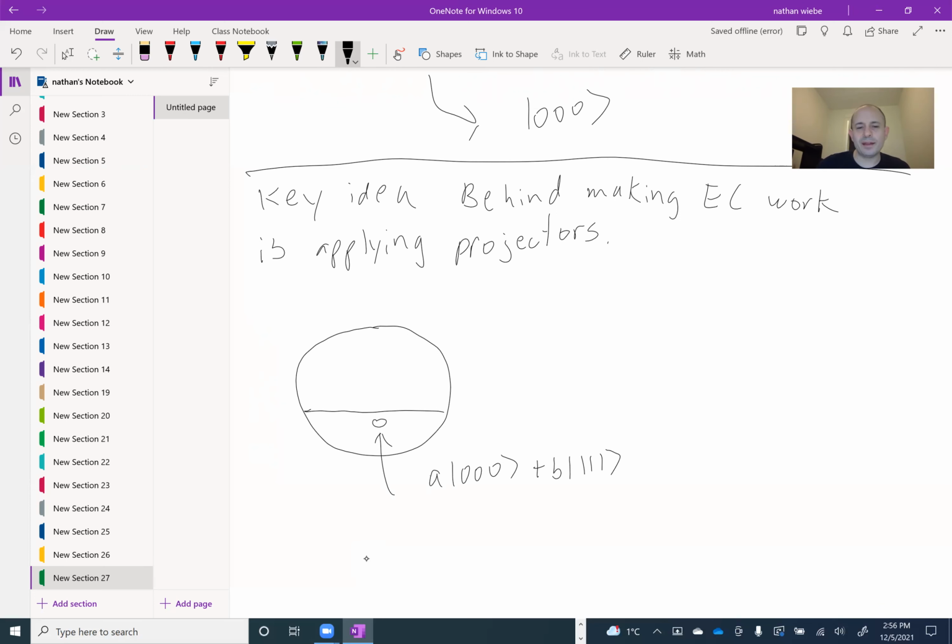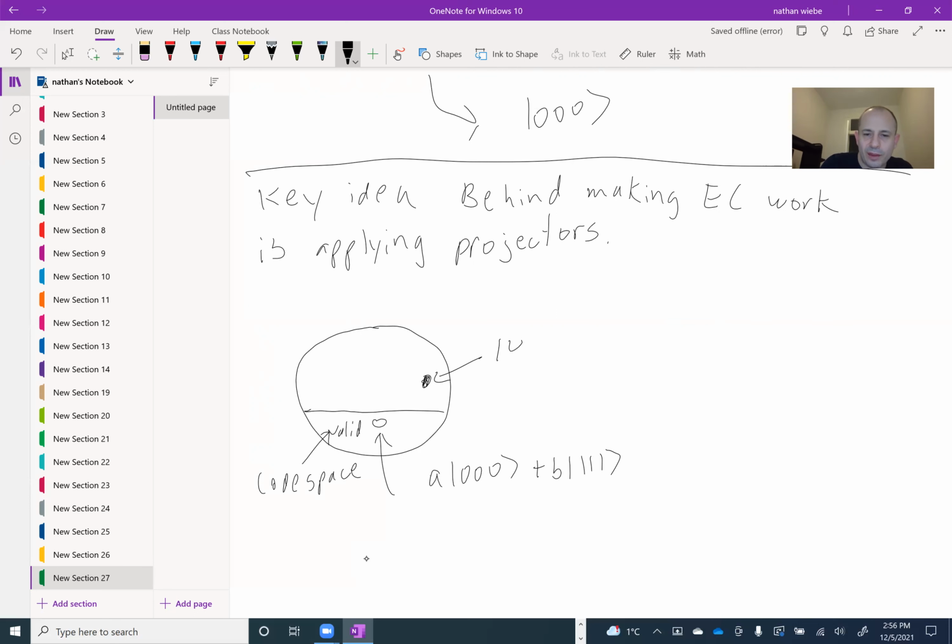Okay, and now let's assume that we are going to mess with it. The way we'll mess with this particular quantum state is that we'll imagine we've got some other state out here. I'll call this the valid space, AKA the code space, and the remaining space is the space of errors.